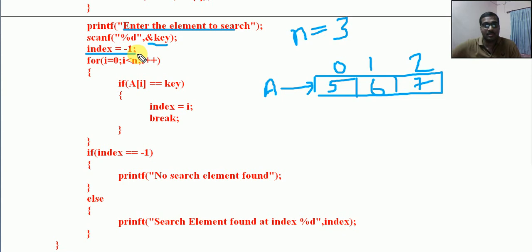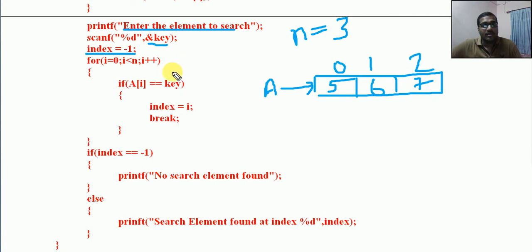That is the actual purpose of using the index variable. It is found in a particular location, in a particular index like 0 or 1 or 2. We need to find out the exact index where that element is found. So based on this index value only, we are deciding where it is found.